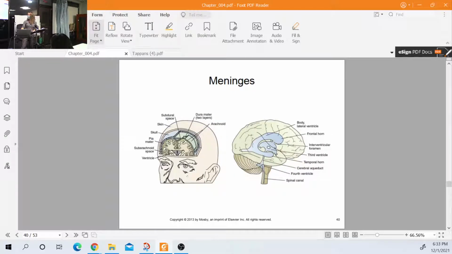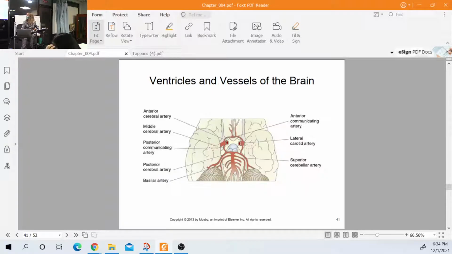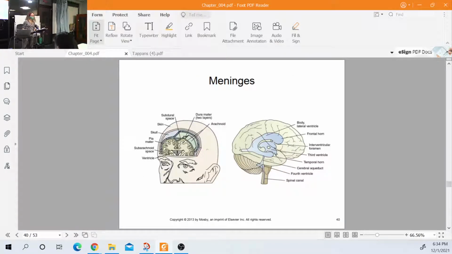The other structures of the brain include the meninges. There are three layers of these, pictured on page 120. These are there to protect the brain and spinal cord. The outermost layer is called the dura. You see the layering there in that picture. It's very tough and fibrous.